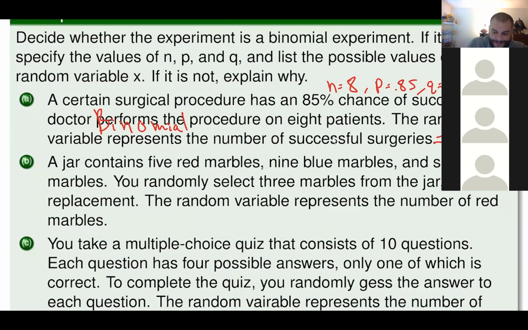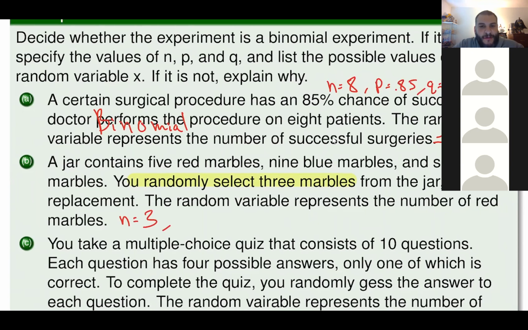Well, if you look right here, they tell us exactly that they're gonna pick 3 marbles. So we know n. So n is 3.